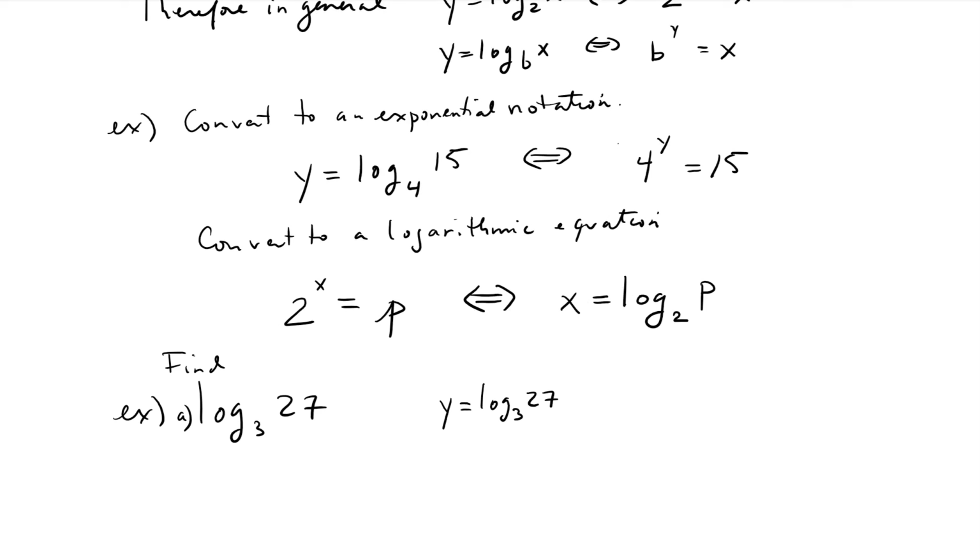Convert this to an exponential equation. That means y is the exponent to which I raise 3 in order to get 27. And at this point you must realize, oh, actually 27 is a power of 3. This is 3 to the 3. So we can identify y with 3. So the answer here is that log in base 3 of 27 is 3.